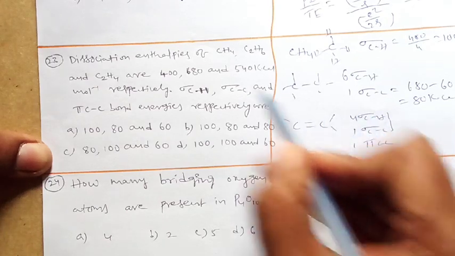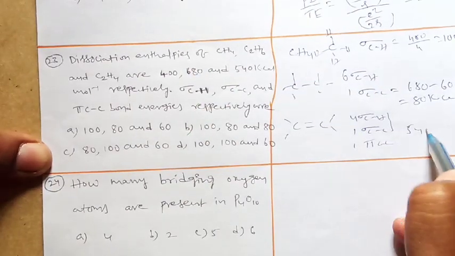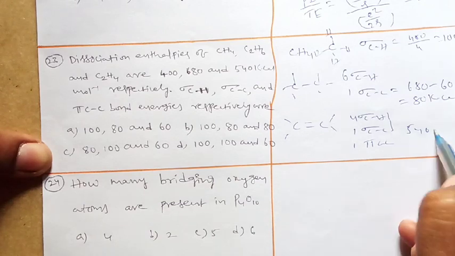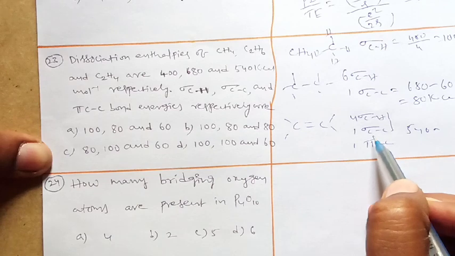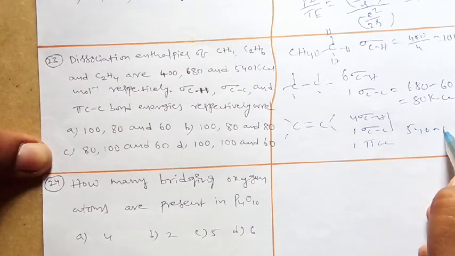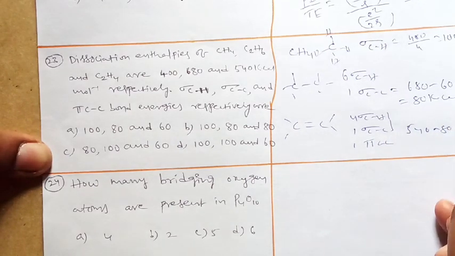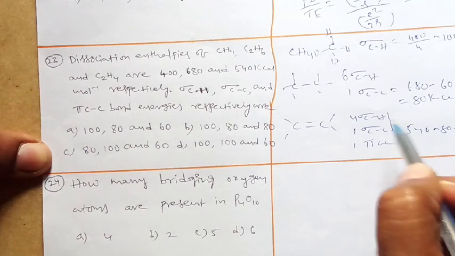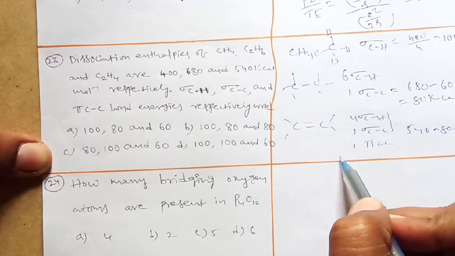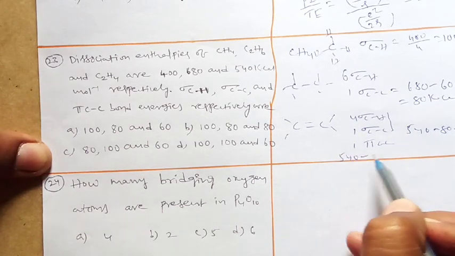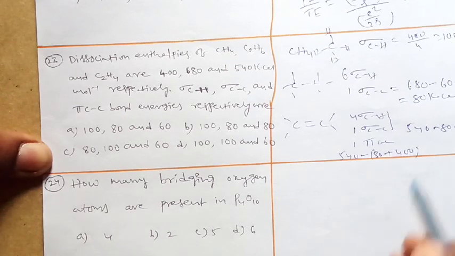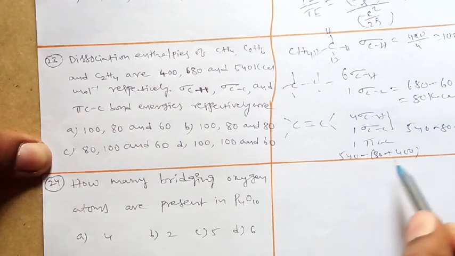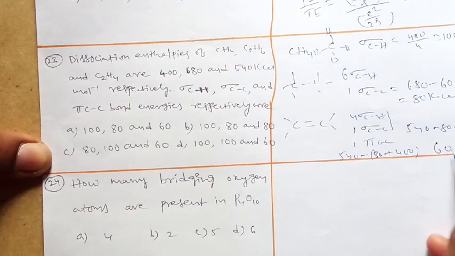The total energy of ethylene given is 540 minus the bond energies to subtract: sigma C-C, which is 80, plus 4 C-H bonds, that means 400. So 540 minus 480. What do you get? 60.